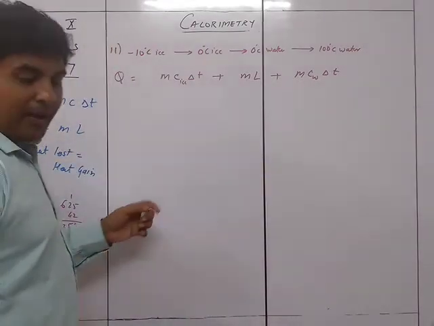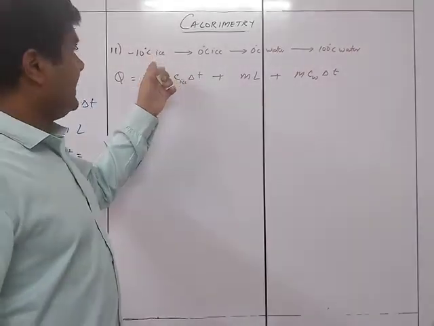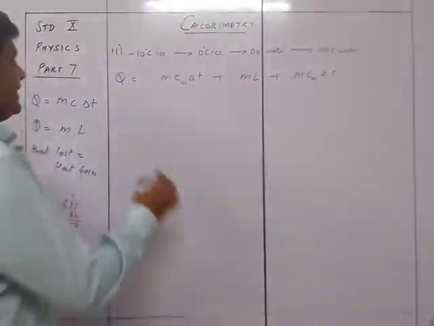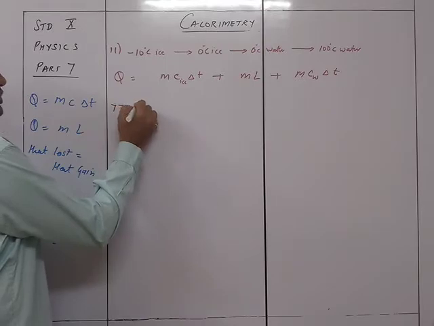Same thing. Minus 10 degrees Celsius ice is getting converted to 100 degrees Celsius water. The amount of heat energy is already given to you, that it's 777000.